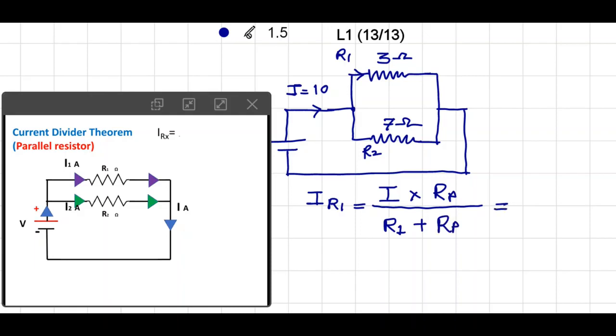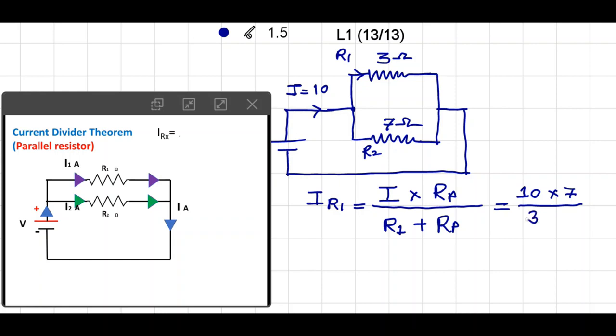So here in this case we have I is equal to 10 multiplied by the parallel resistance, that is R2, that value is 7 ohm, divided by 3 plus 7, that is R1 is 3 and the parallel resistance is R2, that is equal to 7.